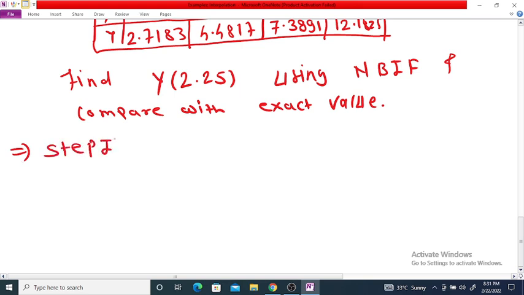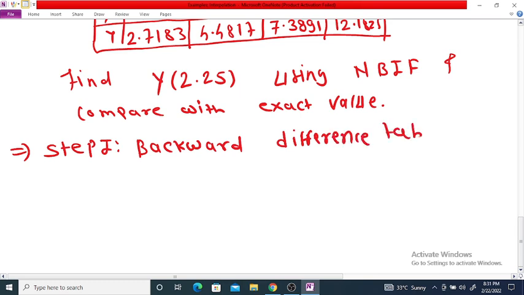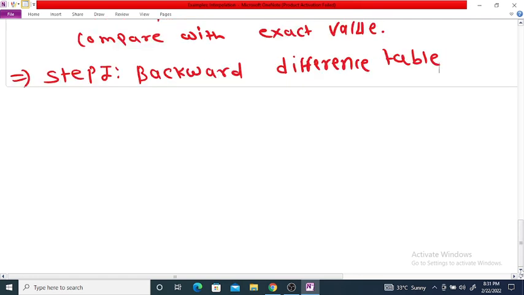So the first step is the backward difference table.